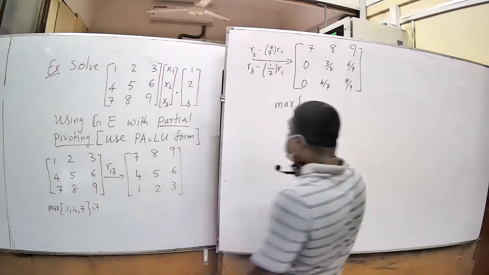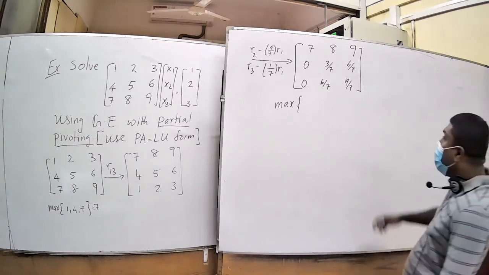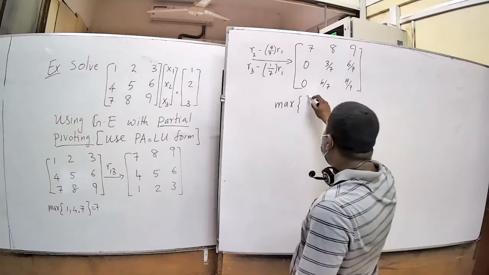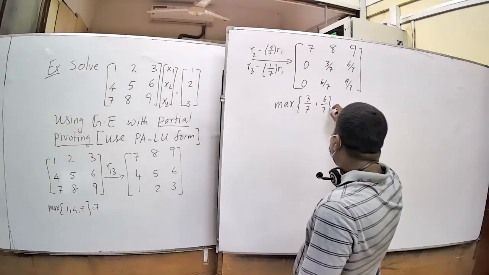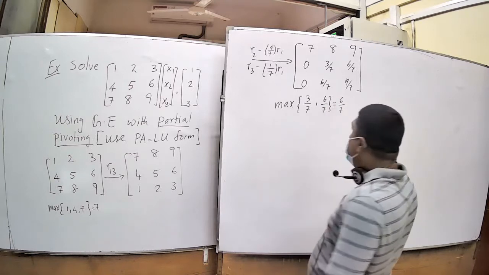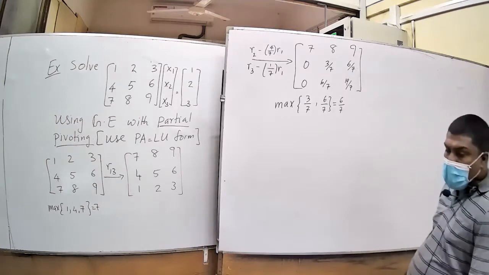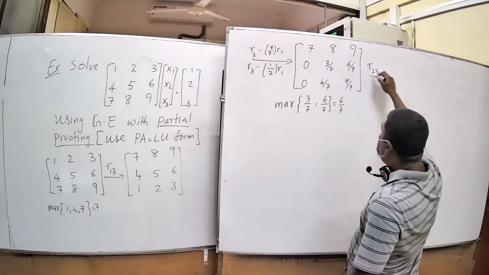Every step after doing an elimination, you have to pick the pivot. So when you pick the pivot, you get 3 upon 7 and 6 upon 7. So that is clearly 6 upon 7. So you interchange R2 and R3.